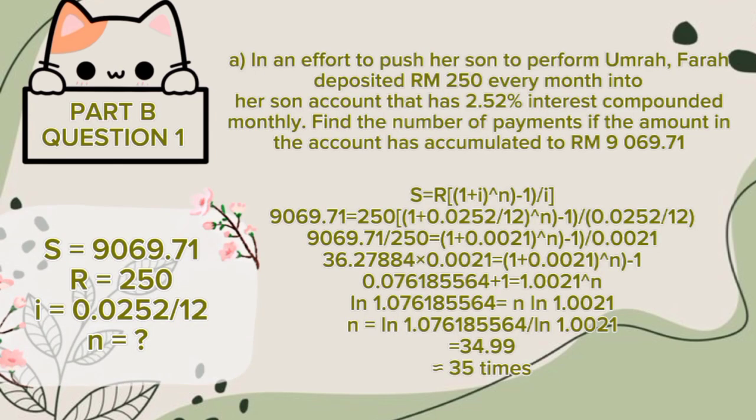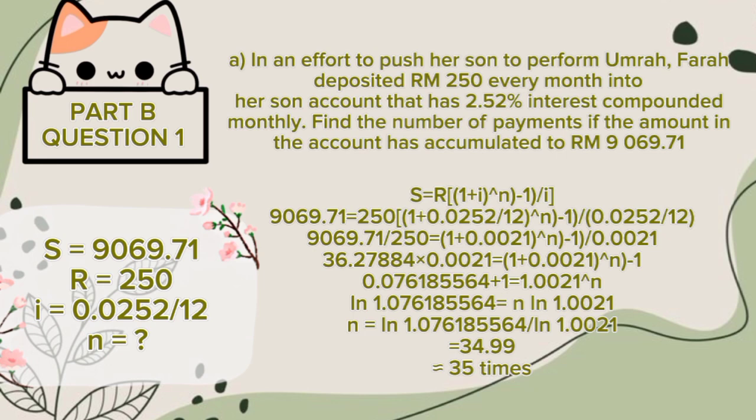For part B, question 1a, in an effort to push her son to perform Umrah, Farah deposited 250 ringgit every month into her son's account that has a 2.52% interest compounded monthly. Find the number of payments if the amount in the account has accumulated to 9,069 ringgit and 71 cents. To solve this question, we must use the future value formula.